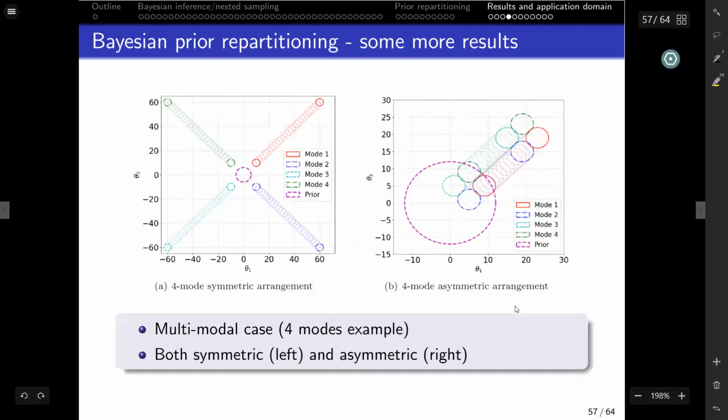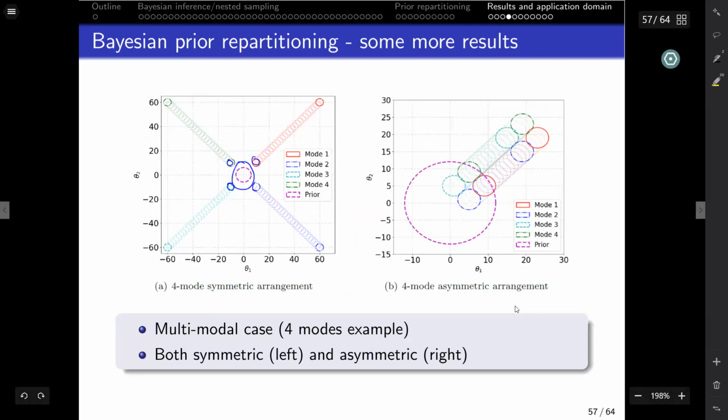We then tried the multi-mode case. Two kinds of multi-mode case are tested. The first one, here is the prior. We have a prior, and we set up 4 different modes in the state space. It's a 4 modes case. Then we move the modes. This is a symmetric case.